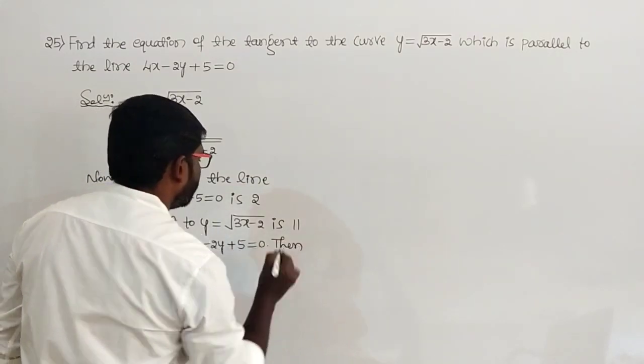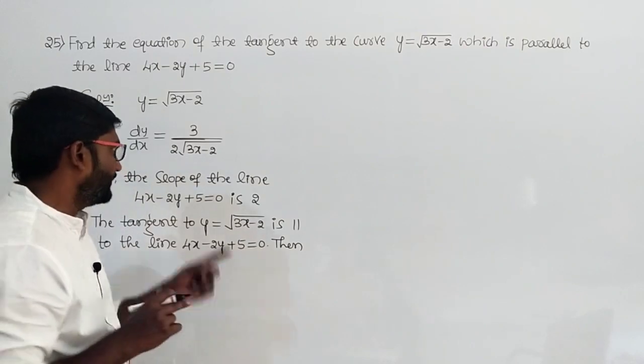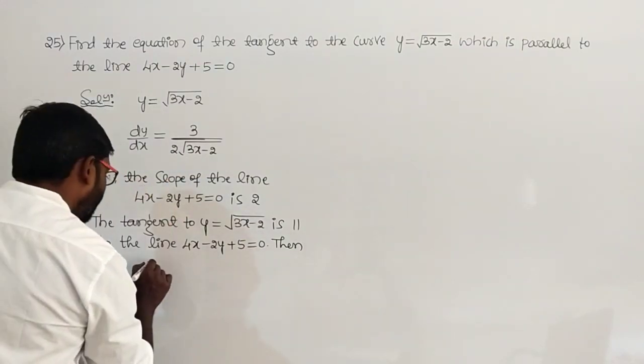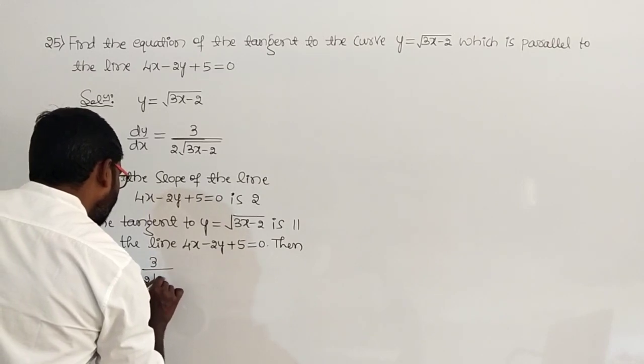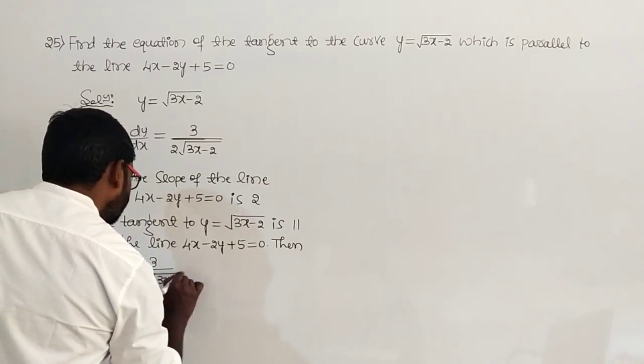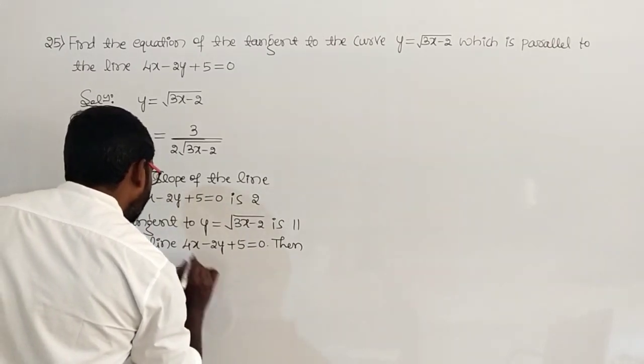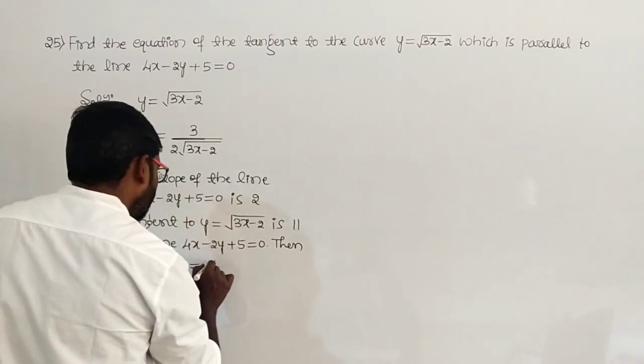Then their slopes are equal. Then 3 divided by 2 times root 3x minus 2 which is equal to 2.